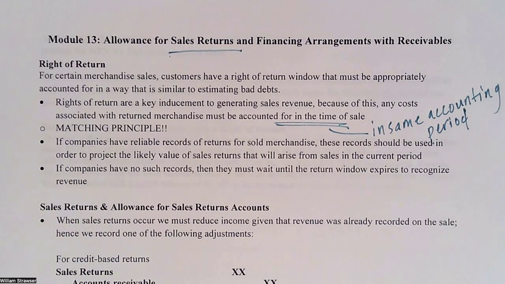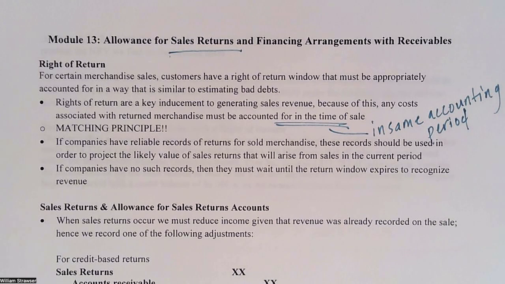Same is true for a year. If we're accounting for a year, we have to calculate what effect will selling merchandise with a right of return have on the sales that we've recorded.